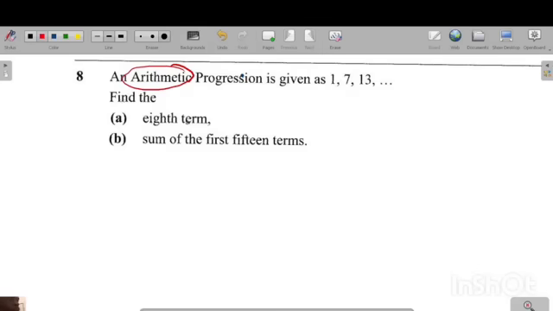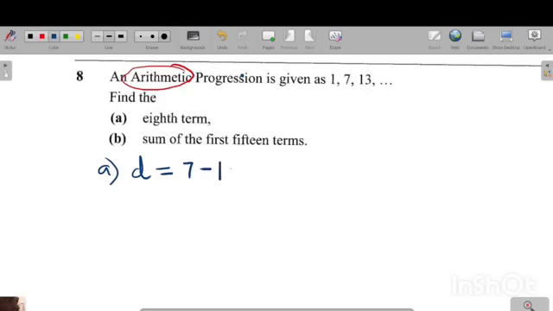So for you to find the 8th term, because this is an arithmetic progression, first of all, you need to find d, which is the common difference, okay? The common difference is found by subtracting the previous term from the next term. So we are going to have 7 minus 1.